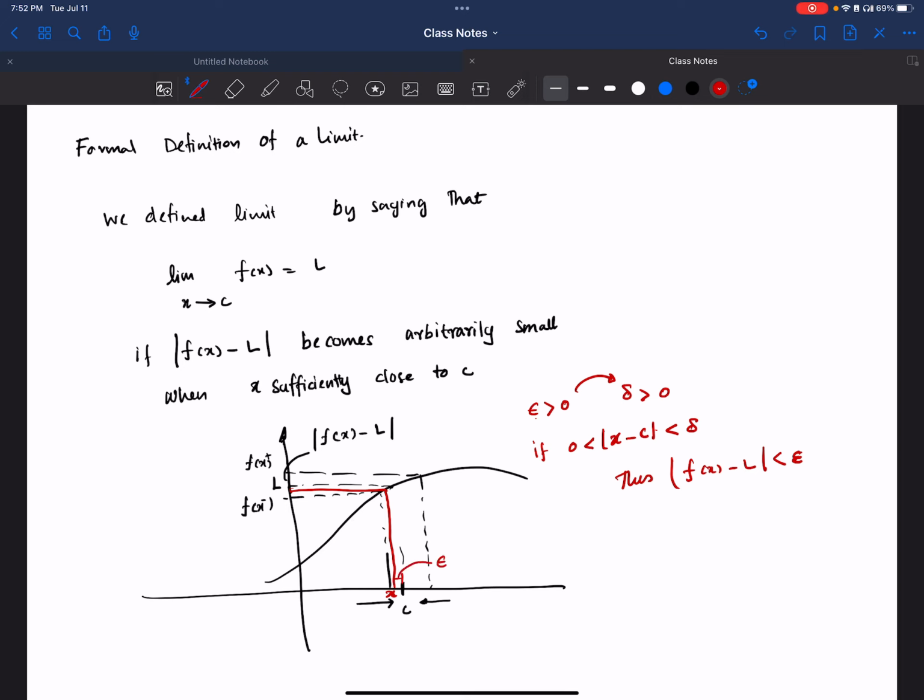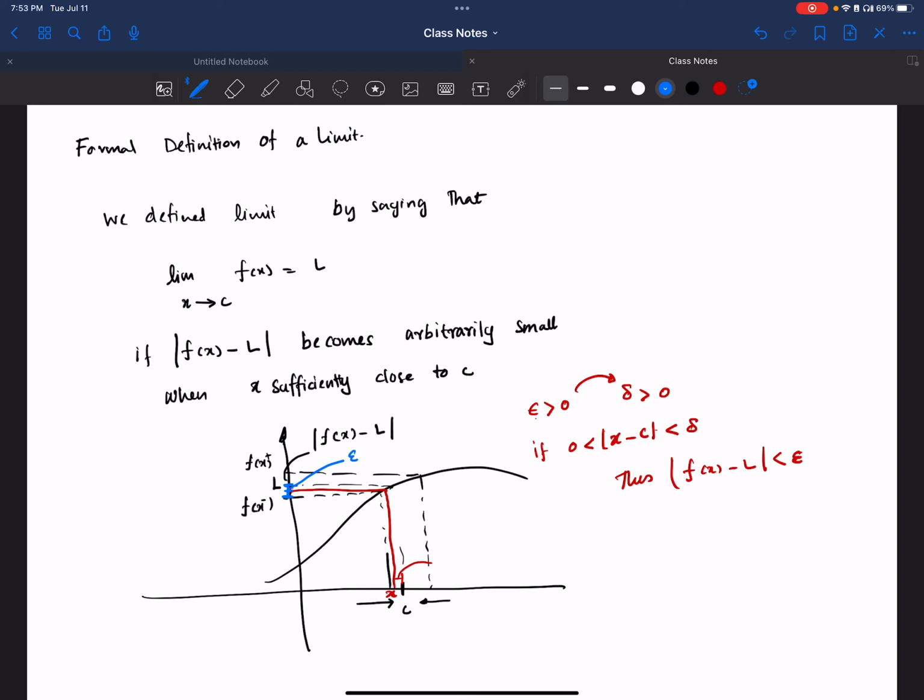Epsilon is the distance between f of x and L, right here.